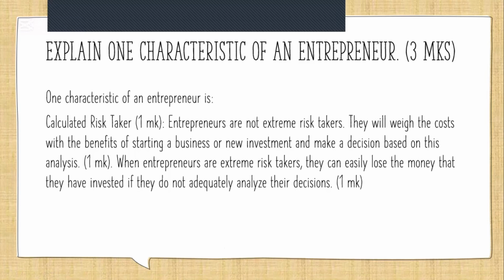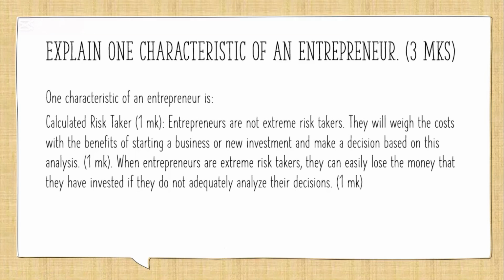Explain 1 characteristic of an entrepreneur, and this one is for 3 marks. 1 characteristic of an entrepreneur is calculated risk taker. Again, that is going to give you a mark. Entrepreneurs are not extreme risk takers. Similar to what we had said before, they will weigh costs with benefits of starting a business or new investment and make a decision based on that analysis. 1 mark. But this is where you have to go further to justify.